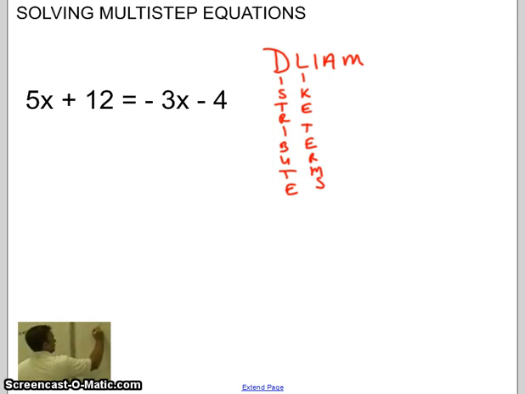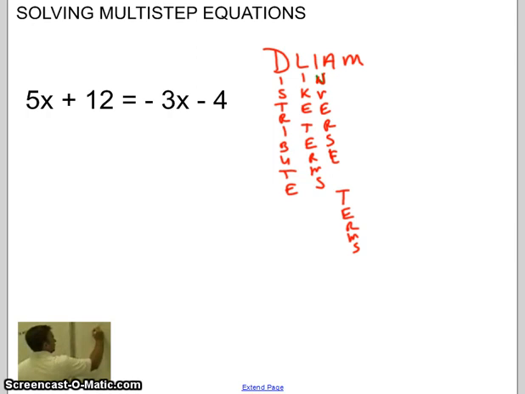Okay, the next step is to do the inverse. Oops, let's go back to red. Inverse. In this case, we're going to move the terms. We're going to use the inverse for terms. We want to get all the x's on one side of the equation and all the numbers on the other side.